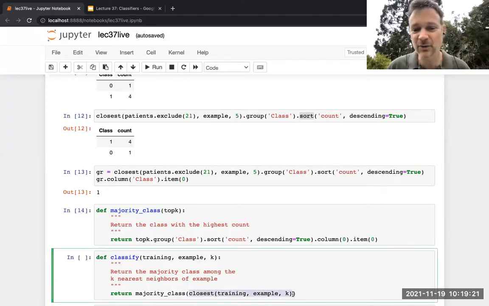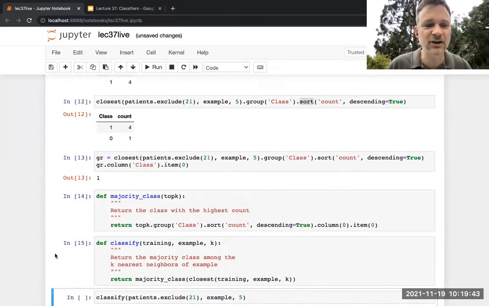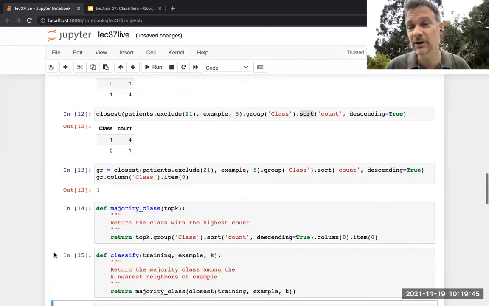We take this function that we wrote to find the k nearest neighbors, and then we run that, and then we pass the result of that as an argument to this majority class function we just wrote that takes the majority vote among them. Okay, so this code is going to find the k nearest neighbors and then take the majority vote among them.